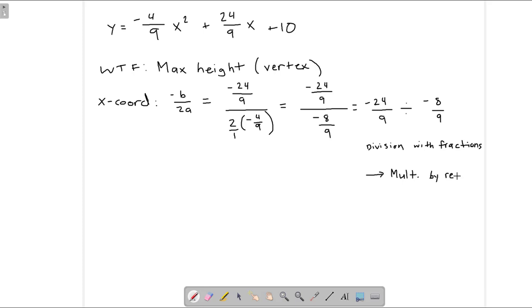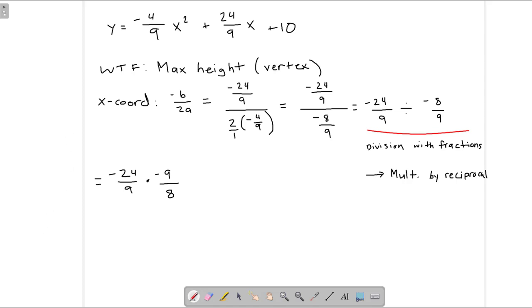The reciprocal is just you take this and you flip it, turn it upside down. So this is actually just the same as negative 24 over 9 times the reciprocal of negative 8 over 9, so negative 9 over 8.